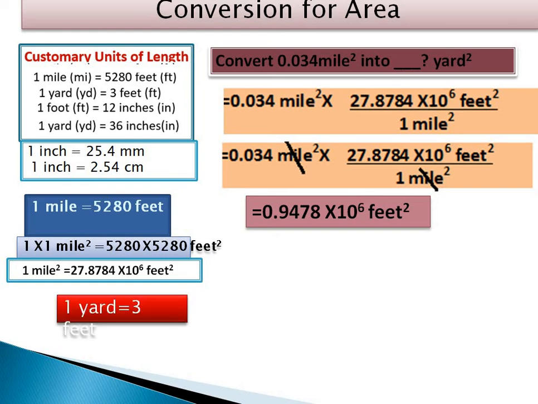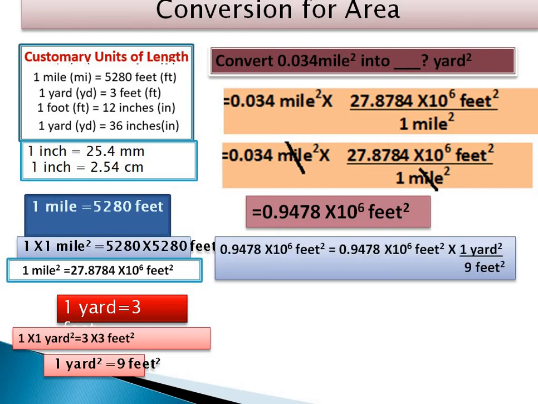Now we know that 1 yard is equal to 3 feet. Therefore 1 yard square is equal to 3 into 3 feet square. So 1 yard square is equal to 9 feet square. Correct? So that feet square is going to be converted into yard square as 0.9478 into 10 to power 6 feet square into 1 yard square divided by 9 feet square.